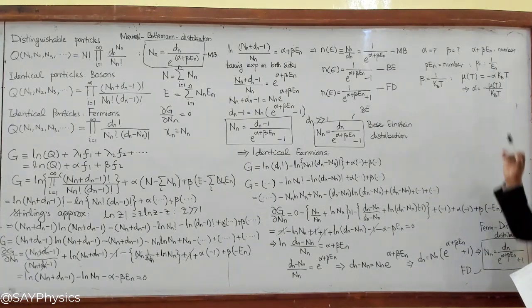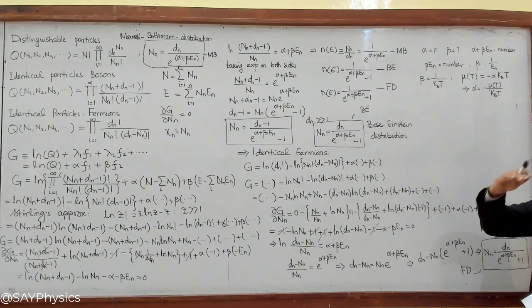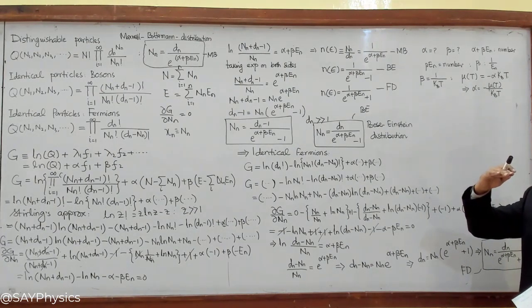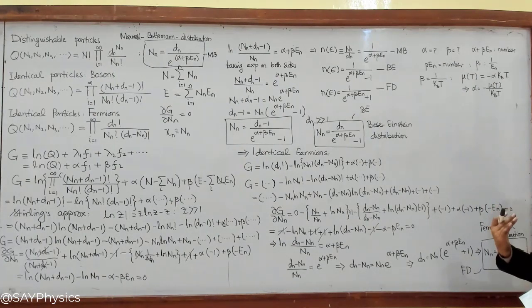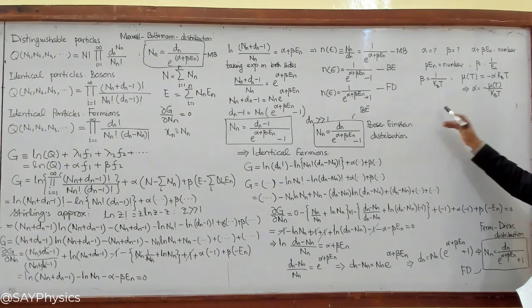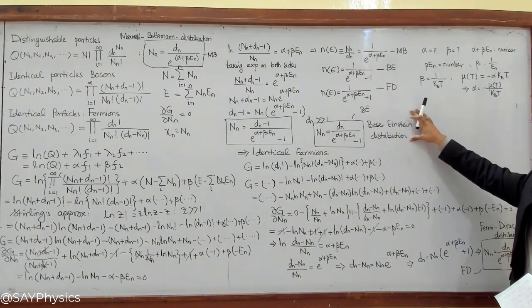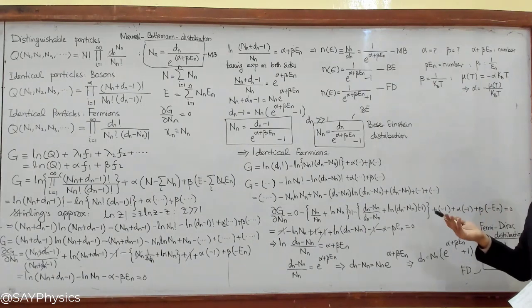You know that when you are filling up the states with the number of particles, the energy of the system changes, right? But for example, in one level, depending on which distribution you are talking about, the energy may remain the same with the addition of particles.